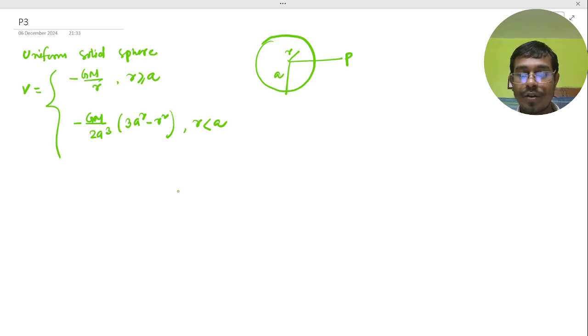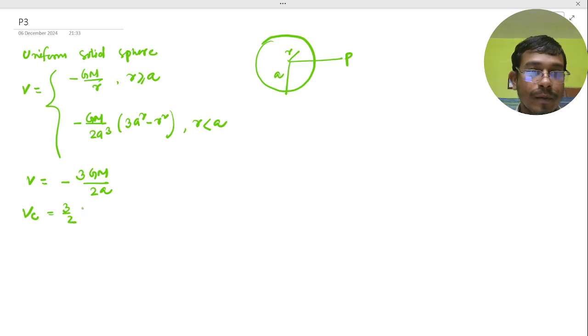At the center of the sphere we get the value minus 3GM by 2A, this is very important. So we conclude that V center is equal to 3 by 2 into V surface, and we have the graph like that.